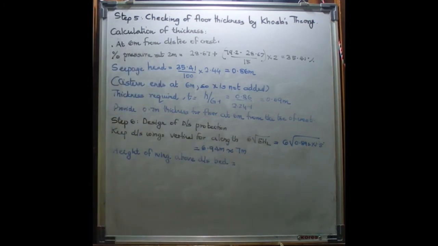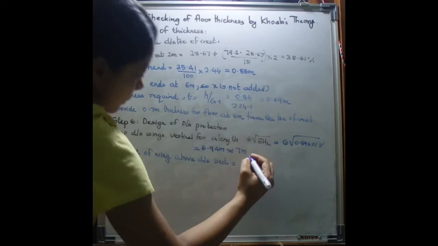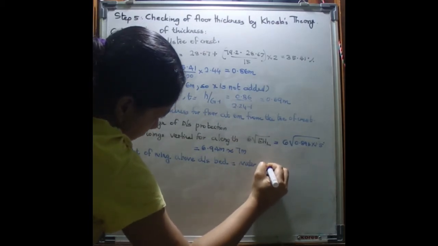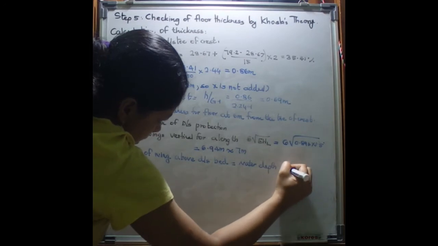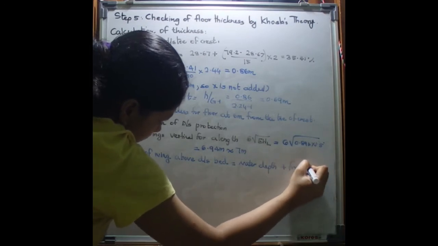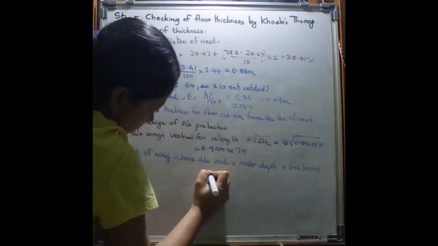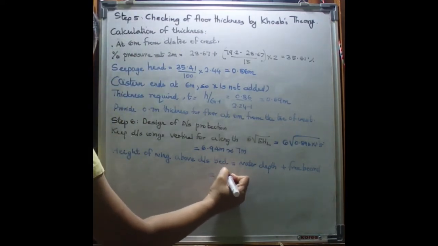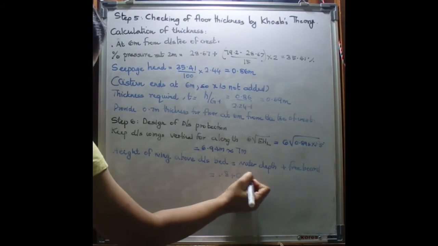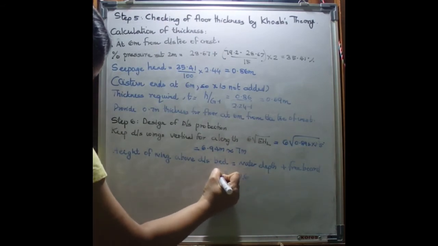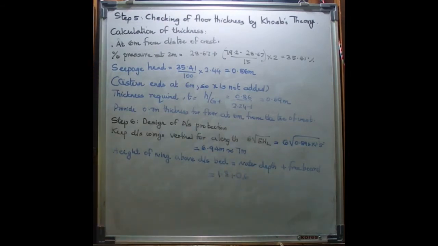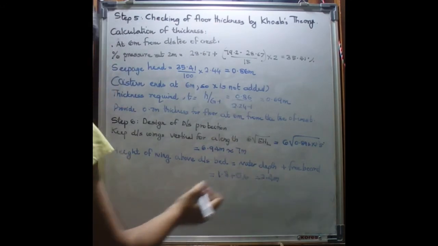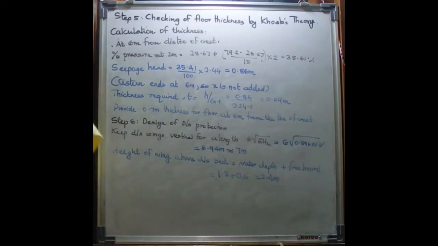Height of wing above downstream bed, that is water depth plus freeboard, which is 1.8 plus a 0.6 meter freeboard. 1.8 plus 0.6, that is 2.4 meter with a slope 1:1.